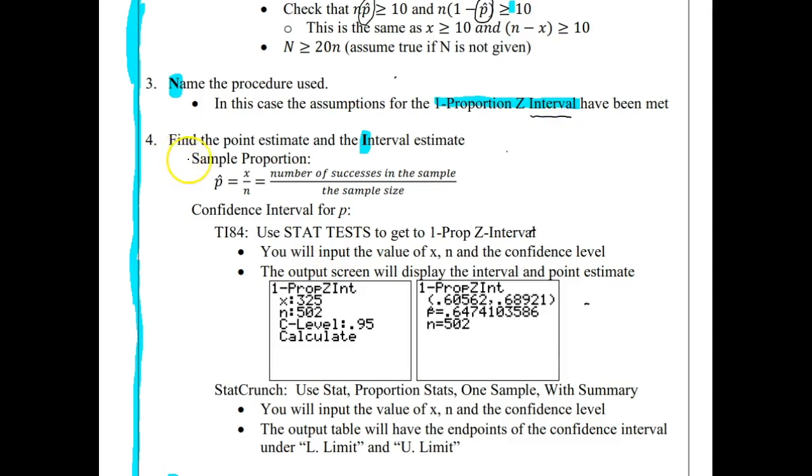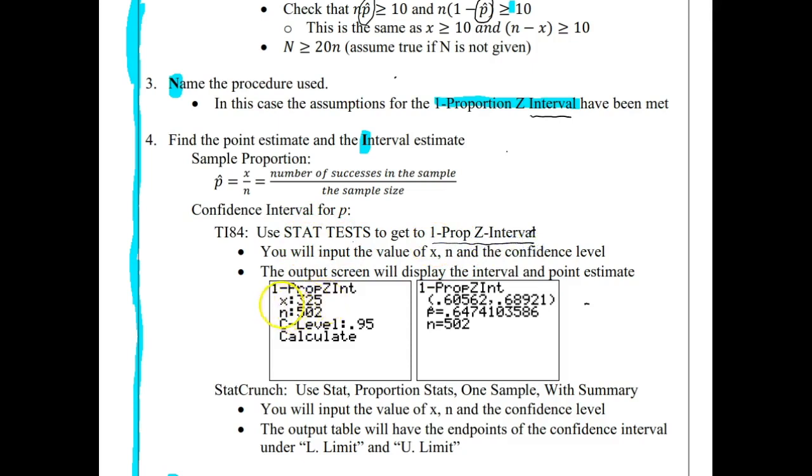For number 4, now we have the letter I that's going to stand for the interval estimate, so getting that confidence interval. We're going to start with our point estimate. For qualitative data, that's going to be p hat. And we can get that confidence interval on our calculator. We're going to go into the stat test menu again, and scroll and find the one proportion z interval.